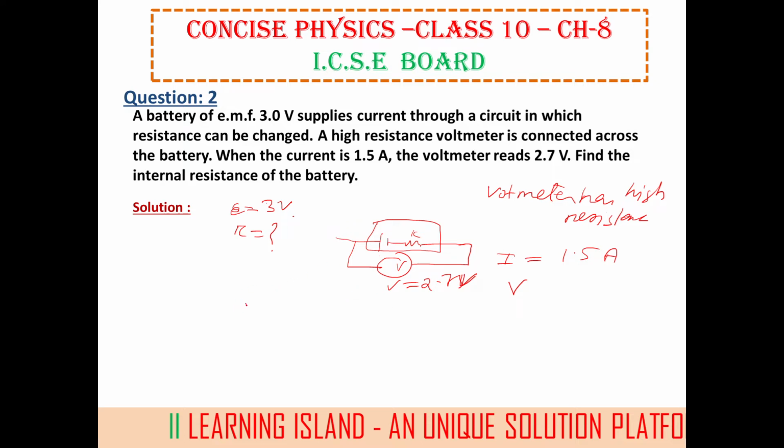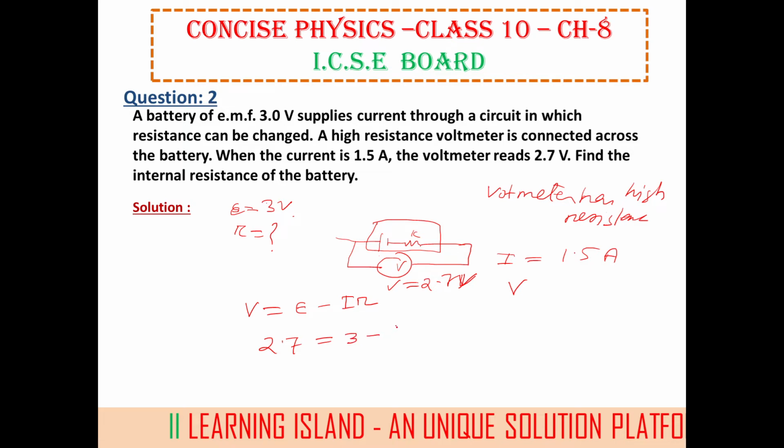So here I can apply V equal to E minus I times r, because there is no external resistance, since the voltmeter has a high resistance. So it will be calculated like this: V is 2.7, equal to E, which is given as 3, minus I r.